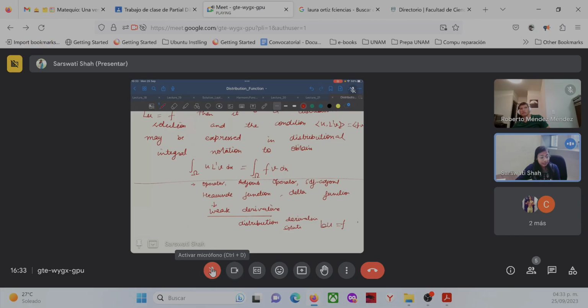Now tomorrow our aim is to find the solution of this non-homogeneous equation, and we are going to talk about the fundamental solution of this non-homogeneous equation.